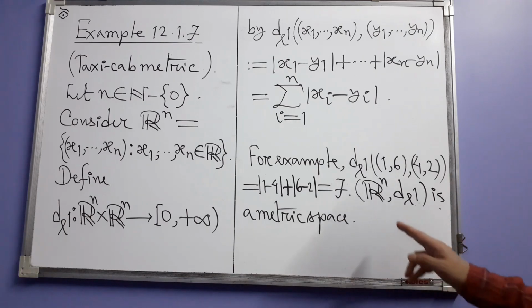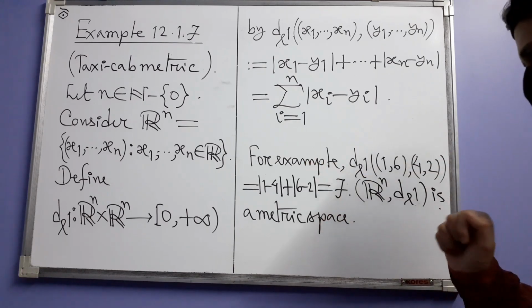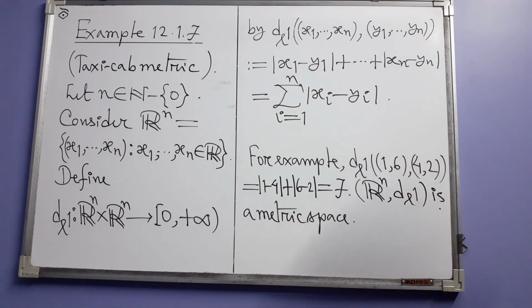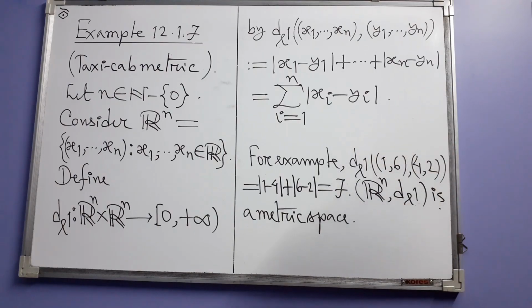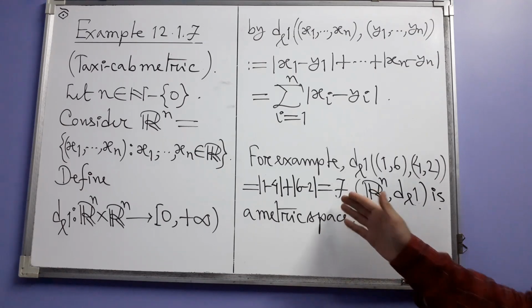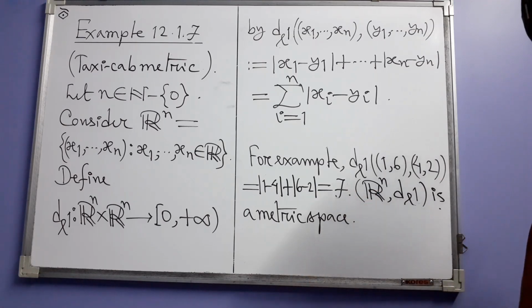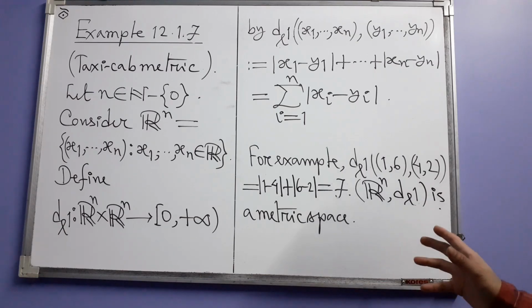So in this, if our n is 2 and say we take those 2 points (1,6) and (4,2), then the distance that this function measures between them is 7. So you can see that it is more than the previous one, which was 5. Actually there is a relationship.